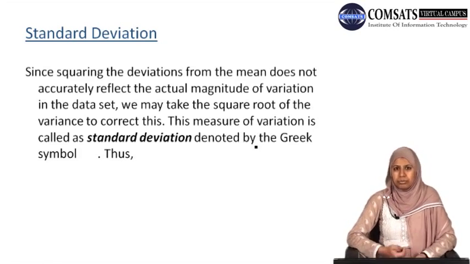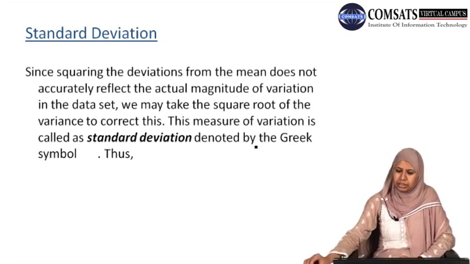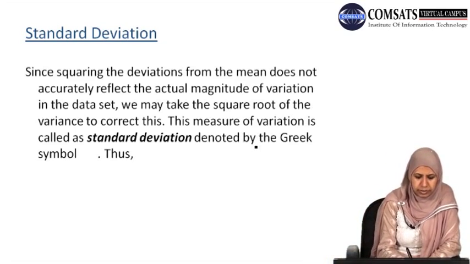So how can we improve this? We can take the square root of the variance to correct this. And this measure of variation is known as the standard deviation, denoted by the Greek symbol sigma.